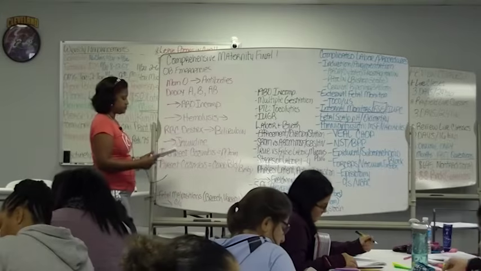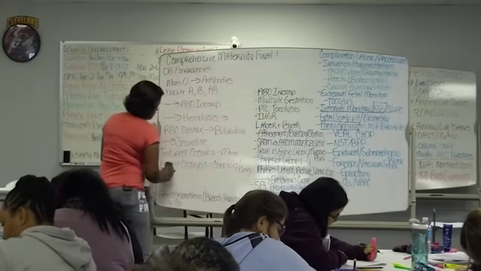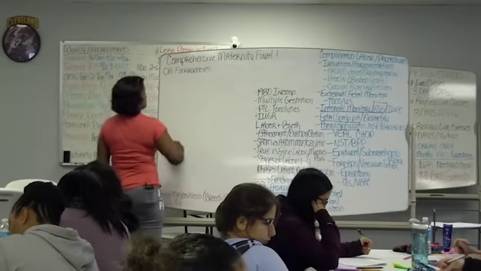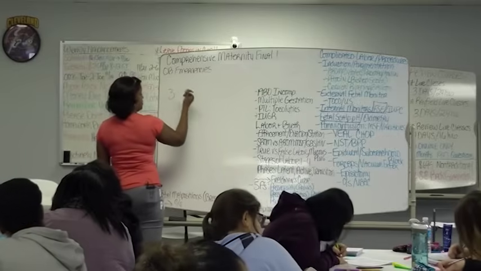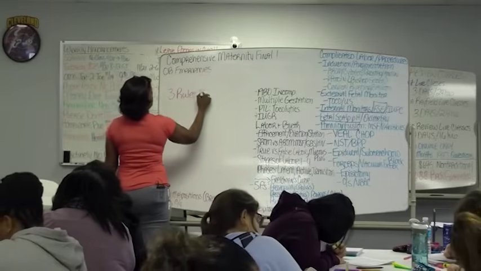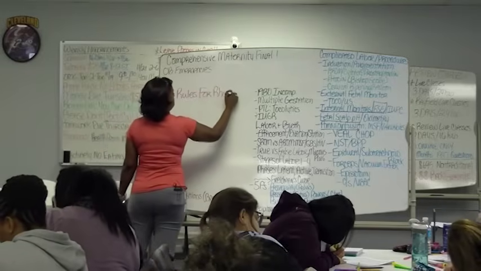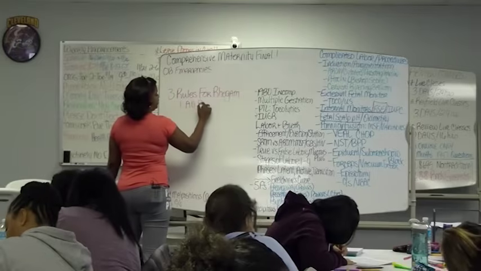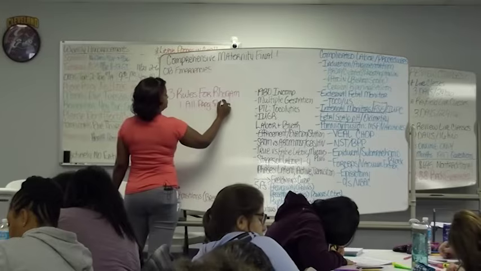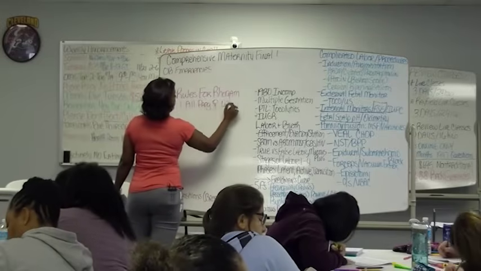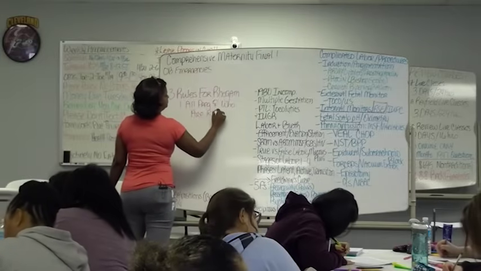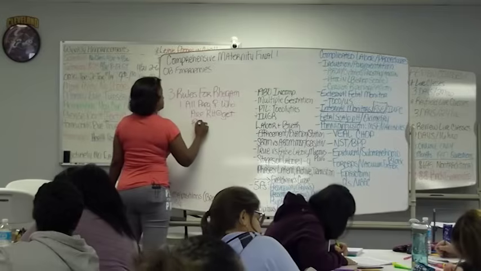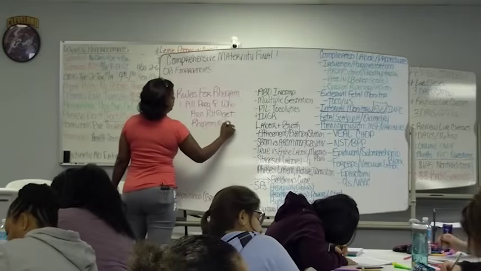Now, in the little space, either at the top or on the second page or wherever you want to write it, I give you guys 3 rules for Rhogam. You heard some of it earlier. Rule number 1, all pregnant women, I should say, who are Rh negative, get Rhogam at 28 weeks.